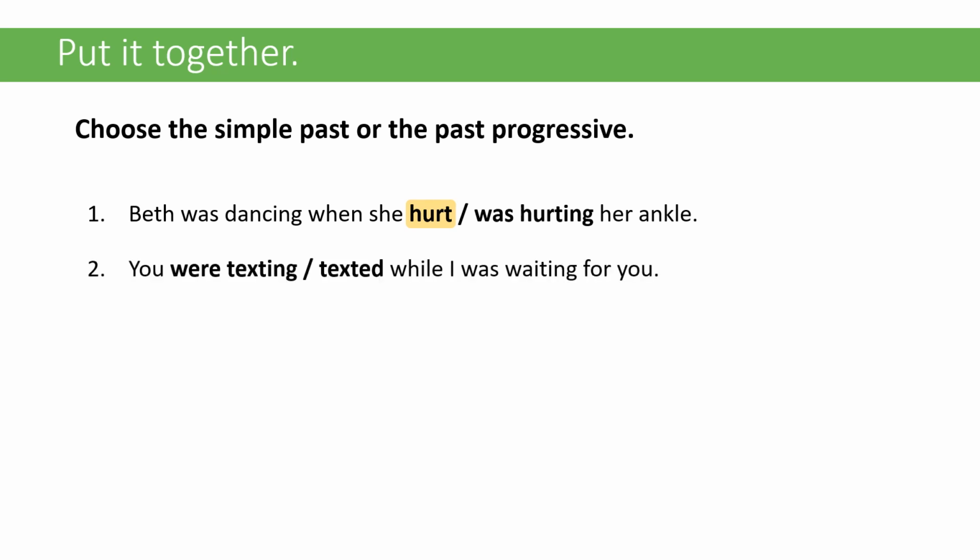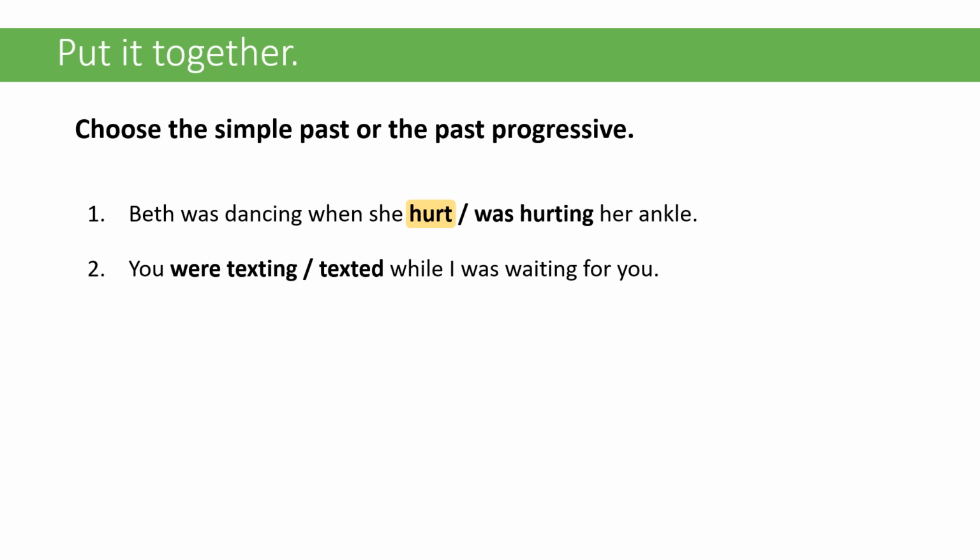So in this one, we have the word while, but that's already progressive. So we want to ask ourselves here, if both of them are progressive, it means they happened at the same time.